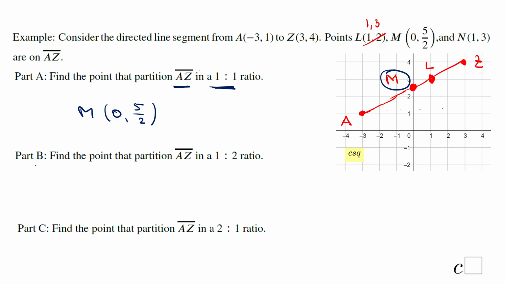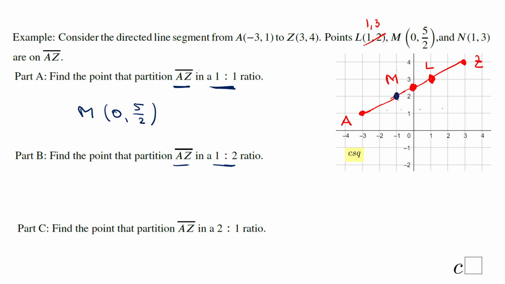Now let's take a look at part B. Find the point that partitions AZ in 1:2. 1 away from A, 2 away from Z. Do you see?